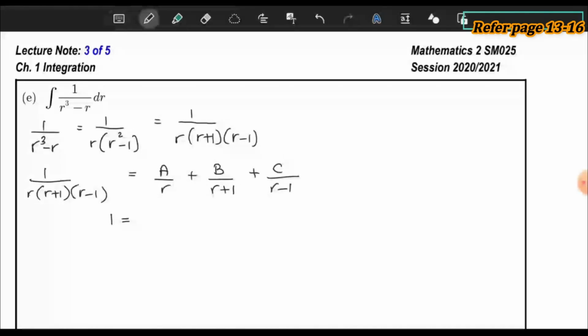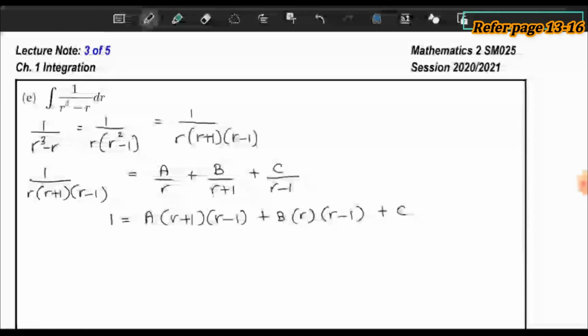For now, we need to equate the denominator. So 1 equals a times (r + 1)(r − 1) plus b times r(r − 1) plus c times r(r + 1).